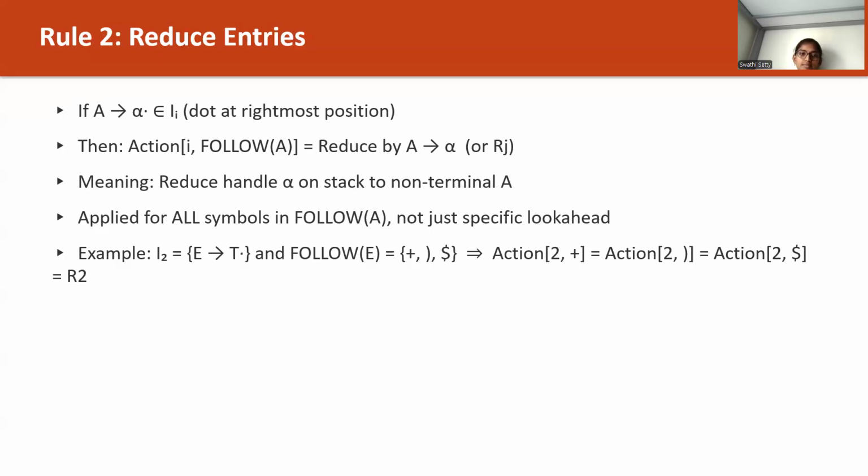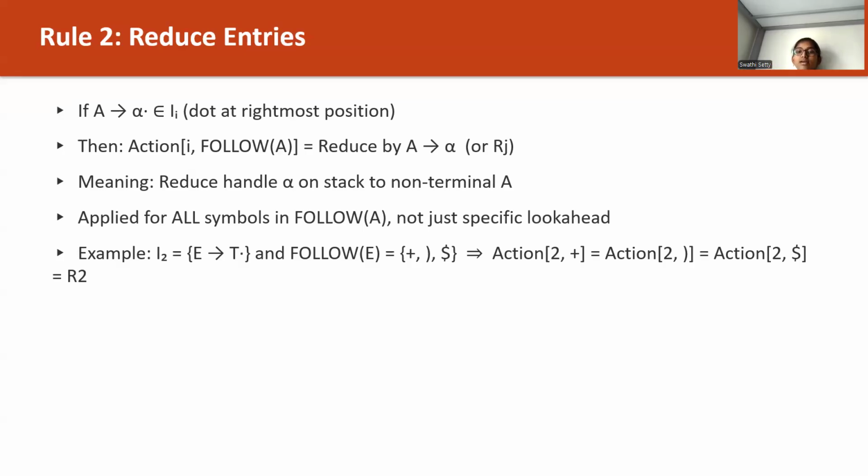Let's understand with an example. I2 is equal to E gives T dot. And here we consider the follow of the LHS, that is E. Follow of E contains plus, closing parenthesis, and dollar. So action of 2, where 2 comes from I2, so I2 will refer to the row number and the follow of E will refer to the columns.